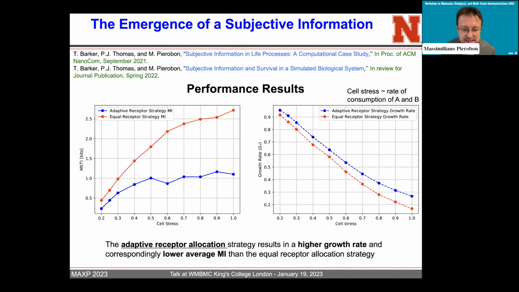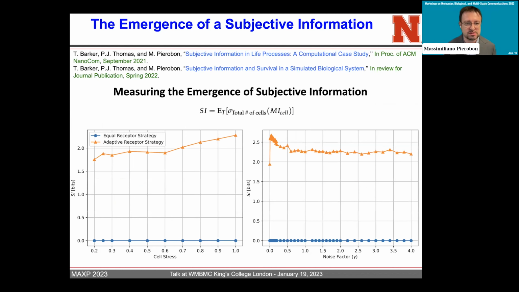So we can say that the adaptive receptor allocation strategy results in a higher growth rate and correspondingly lower average mutual information than the equal receptor allocation strategy.